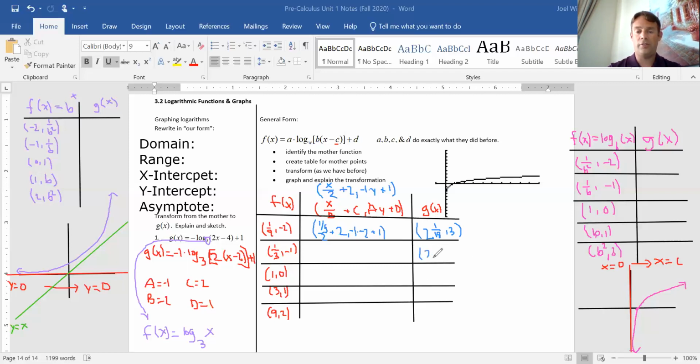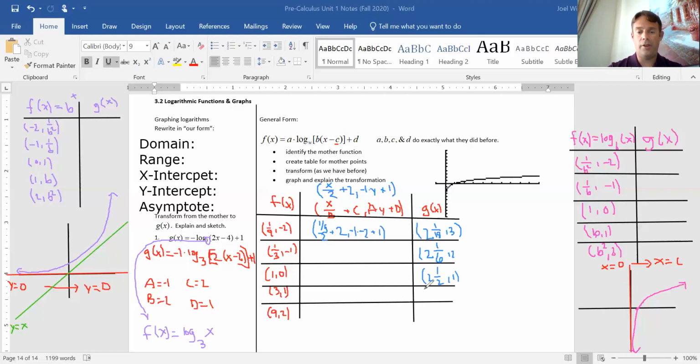I got 2 and a 6. And then I got a y value of, I can't read my writing, 2.5. And I got 1.